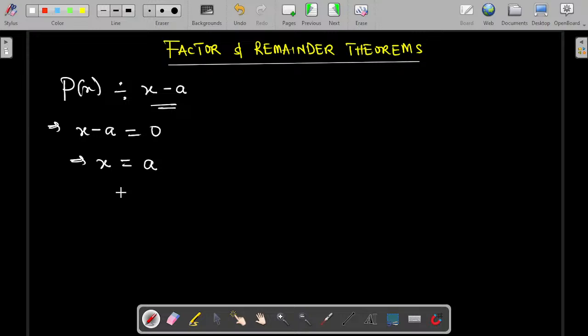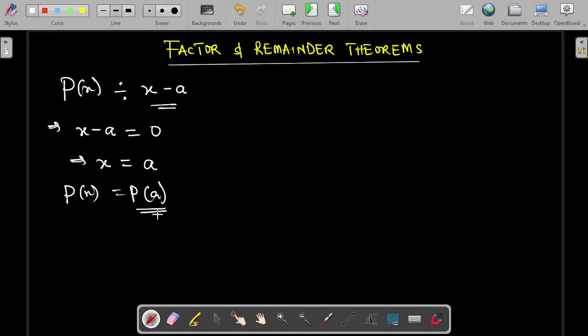When you have gotten that, you substitute your x into the polynomial you're dividing. If I substitute x as a, my p of x becomes p of a. Whatever I get from evaluating p of a will be my remainder.